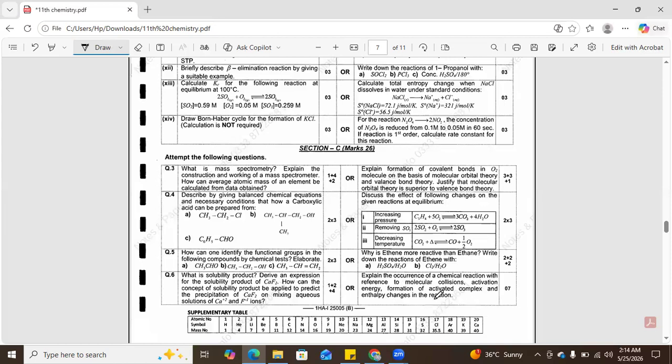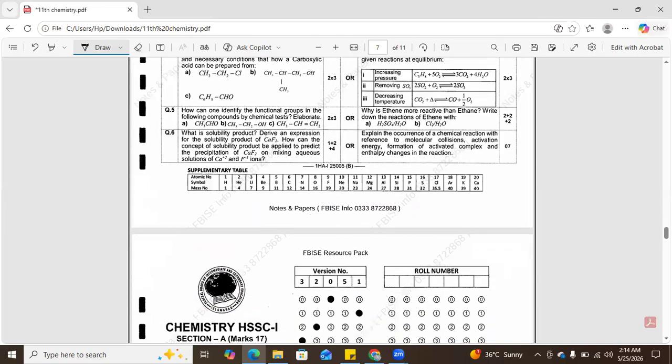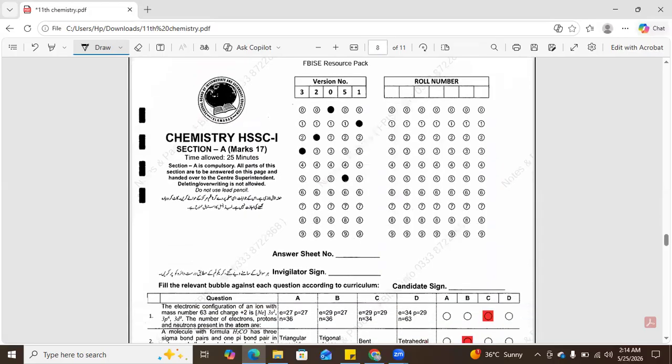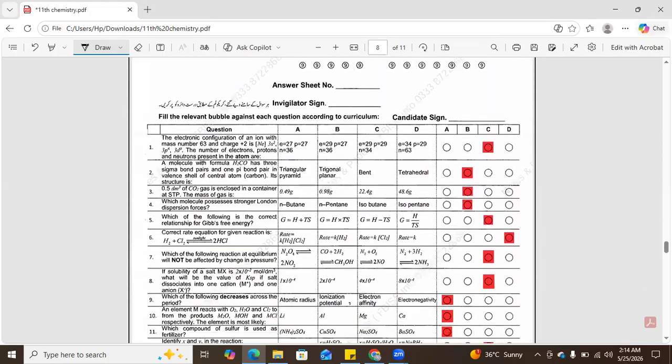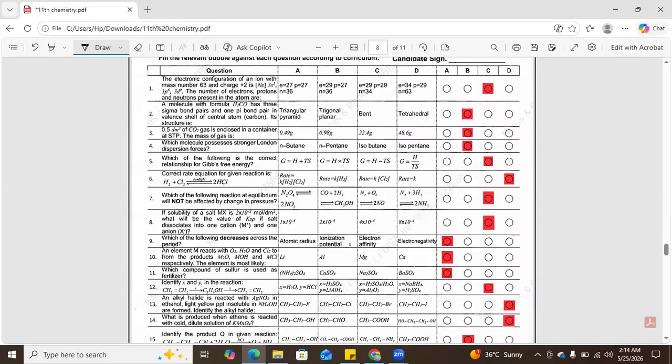Activation energy, formation of activated complex, and enthalpy changes in the reaction. This is another past paper. Let's go through some of the multiple choice questions.